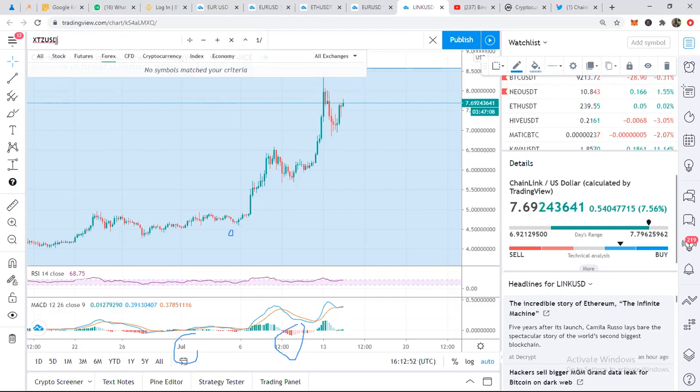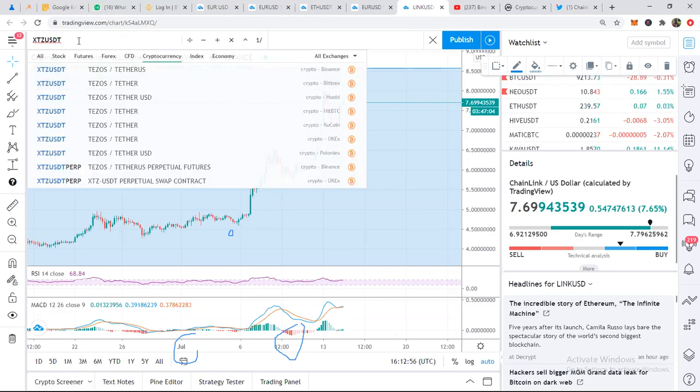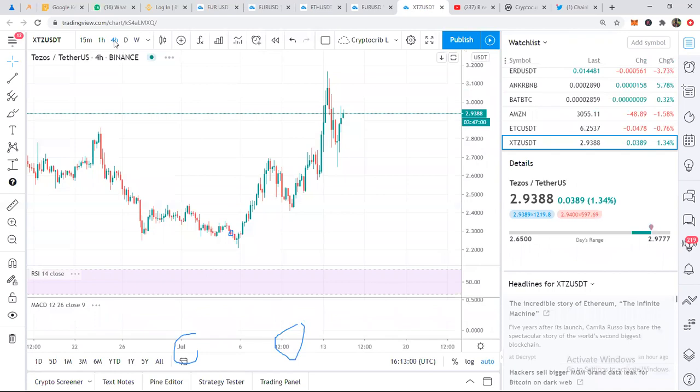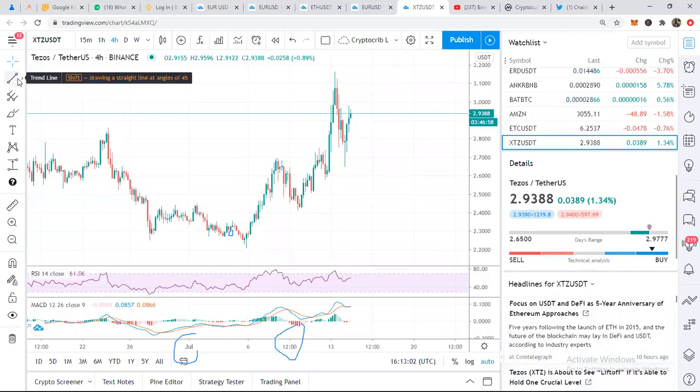Don't worry. Use the 4-hour time frame, using trend lines to draw your support and resistance. I'll send it to the group.